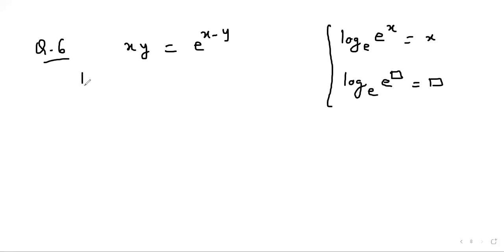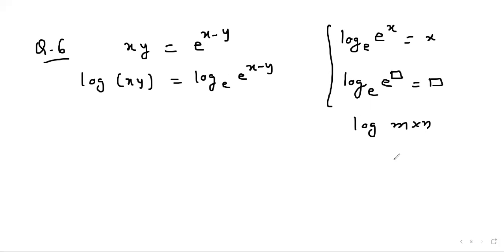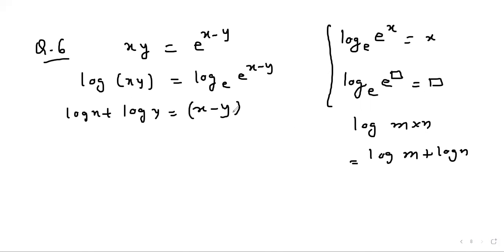So here, if we take log: log xy equal to log e power x minus y. Here, by the property, log m into n becomes log m plus log n. So this will become log x plus log y, and this will become only x minus y, because as I told you, the base and this number both are the same, so this thing will be removed and only the power will be left. So here it will become x minus y.